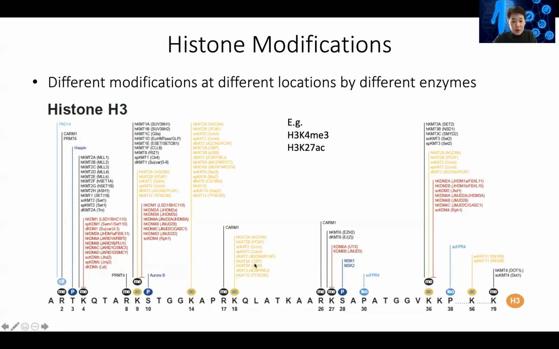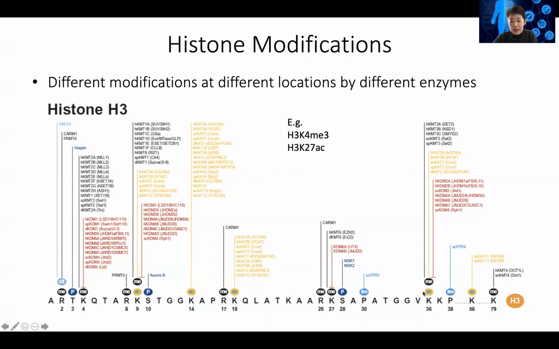Here you can see many different names; these are the readers, writers, or erasers. If there is a stop sign here, that means it's a lysine demethylase, whereas if it's black, it means it's a writer.